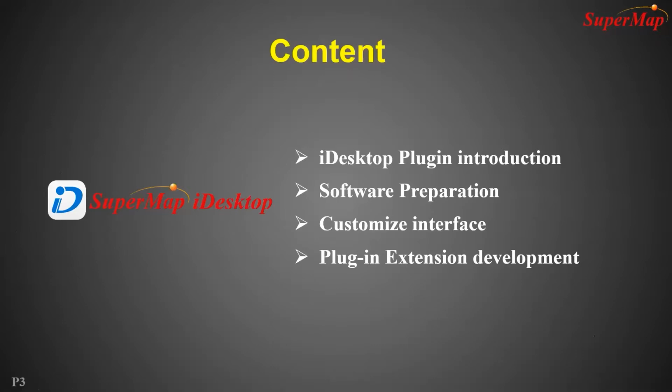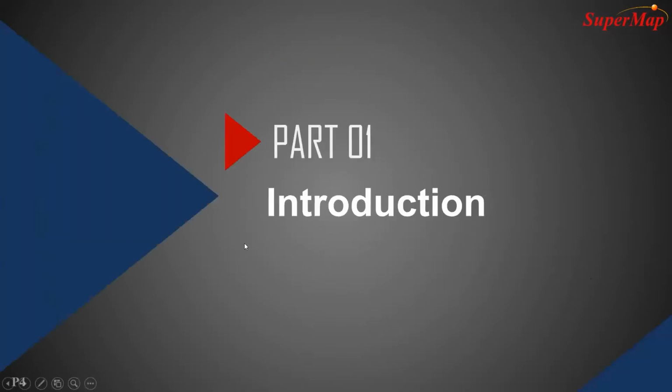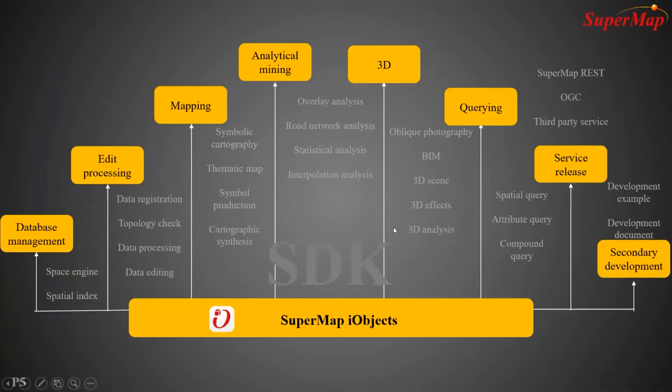The first one is just some very general introduction, and then we will show you some environment configuration and software preparation, and then the last 2 parts are about how to customize the interface and how to add the plugin. That is the first part.